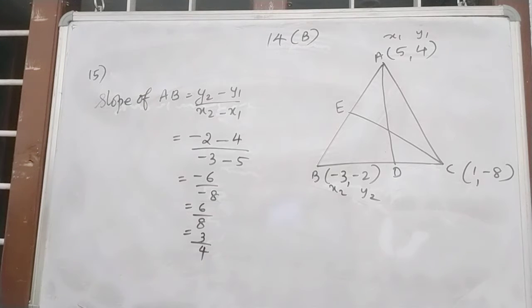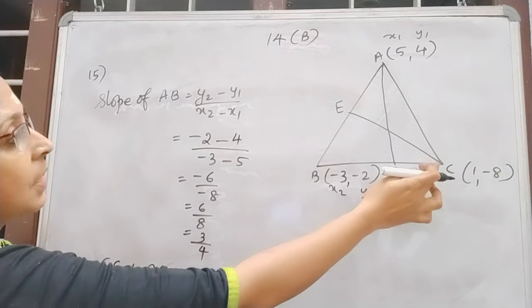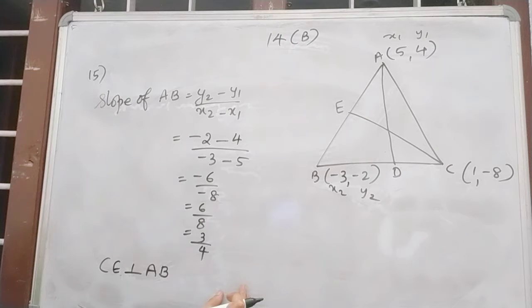CE is perpendicular to AB. So, the slope of AB is known, and what about the slope of CE? Since CE is perpendicular to AB, the product of the slopes, that is slope of AB into slope of CE, will be negative 1.